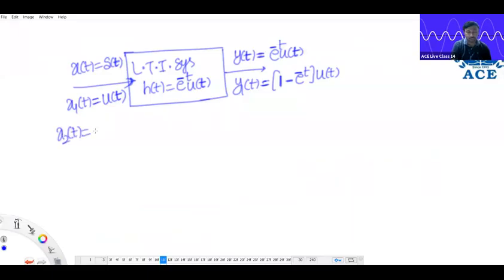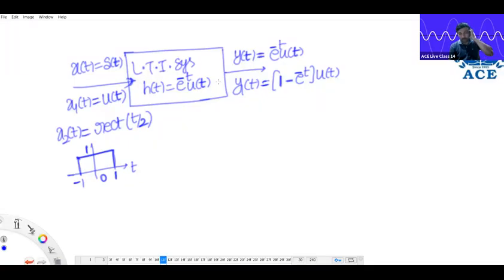Suppose you want to give rect of t by 2. Tell me, where does the rectangle cover? Minus 1 to 1 with amplitude 1. Due to this input, what is the output for that system?